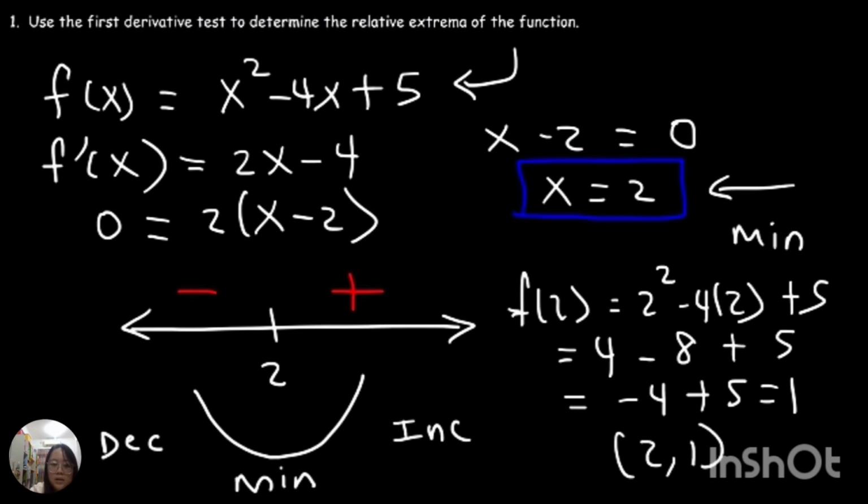And to find the result of this function, we need to substitute the x, and the result will be 1. So x will be 2, and y will be 1.